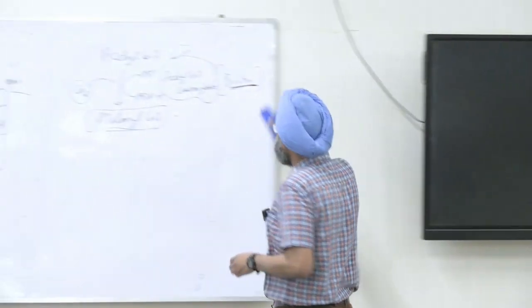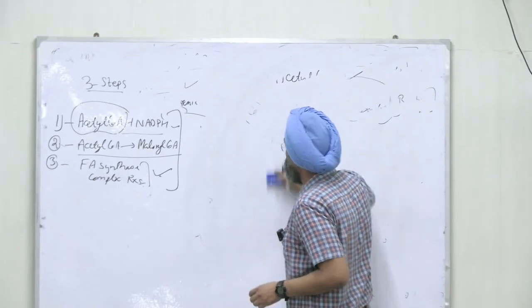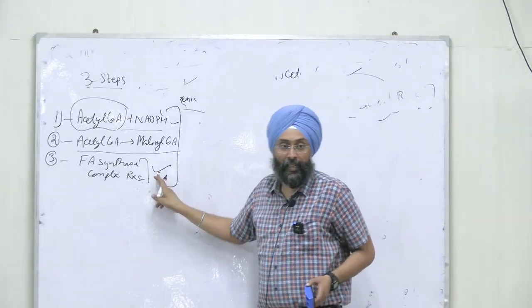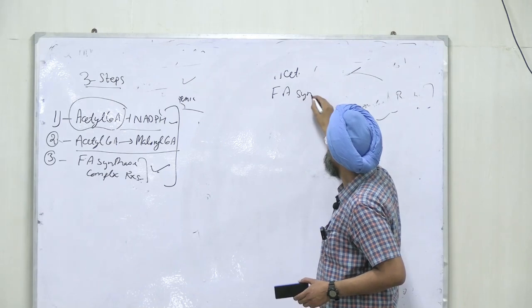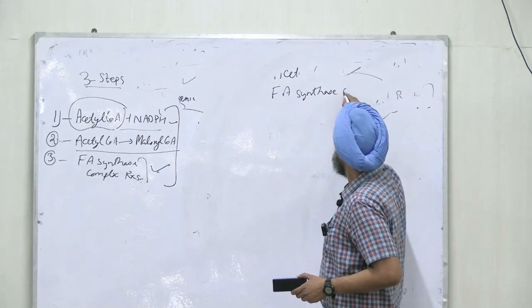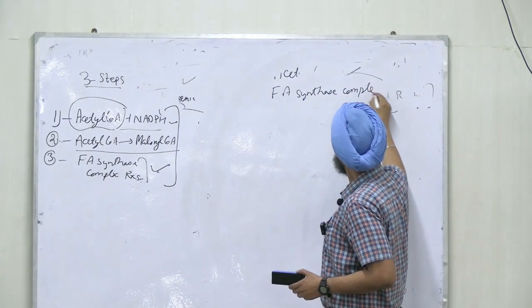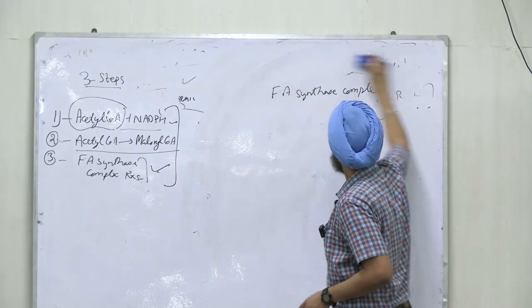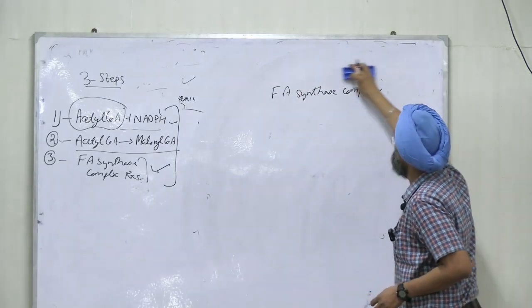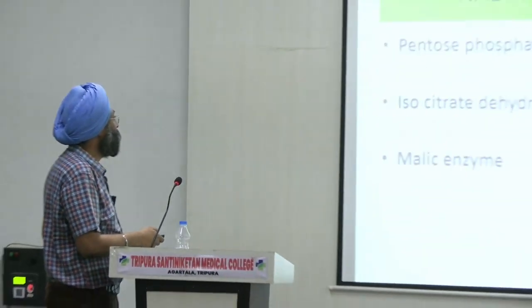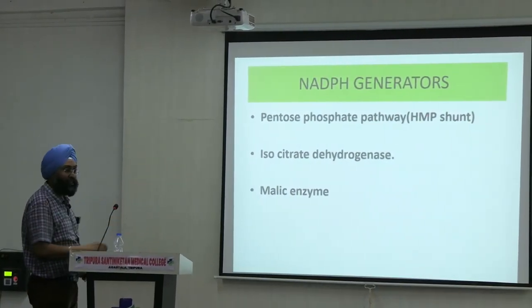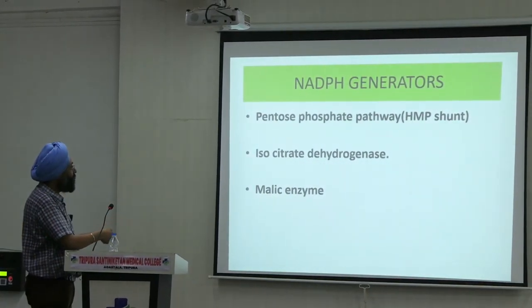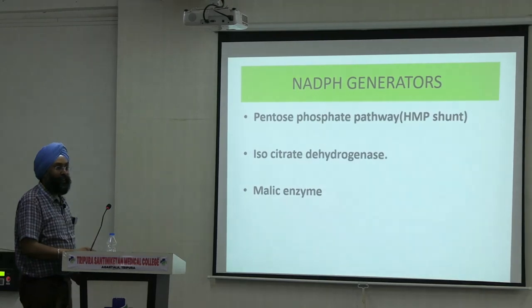So for these reactions, you first need fatty acid synthetase complex. First, I told NADPH generators, one was HMP shunt, second was isocitrate dehydrogenase, and third is malic enzyme, right?